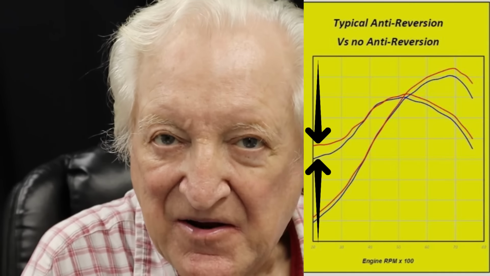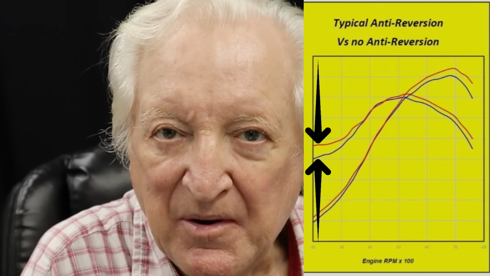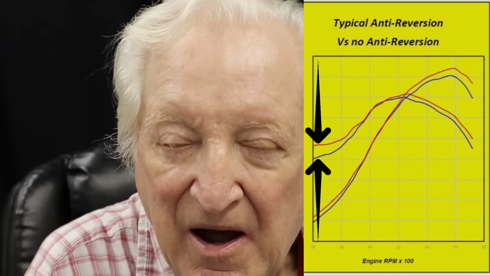Now, there's one last point I haven't mentioned yet. You could say this was extra frosting on the cake, a pretty big amount of extra frosting. You will notice from the power curve of those averaged out engines that the biggest advantage of anti-reversion is that it bumps up low speed torque and it brings the engine on the cam sooner.